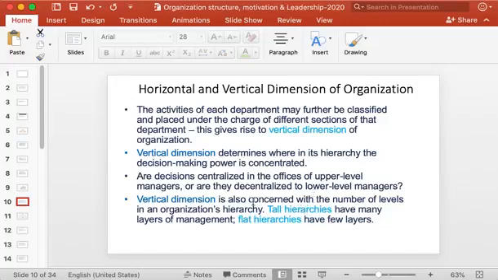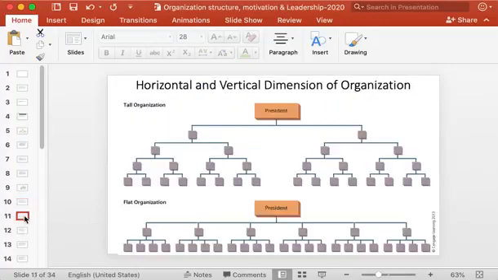And depending upon the number of levels, some organizations may have tall hierarchies and others may have flat hierarchies with few layers of management levels.